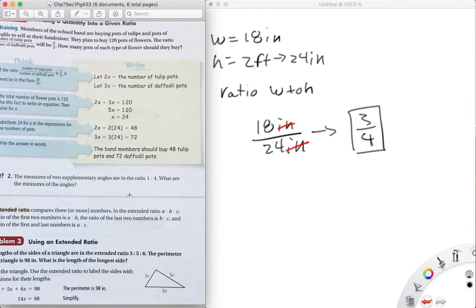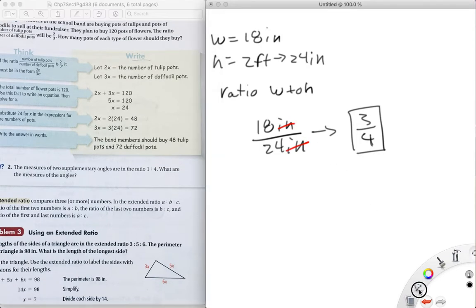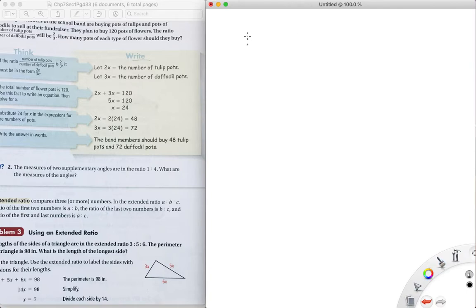It says the measure of two supplementary angles has a ratio of 1 to 4. What's the measure of their angles? So since my ratio is 1 to 4, we're going to let 1x be 1 and 4x be 4.